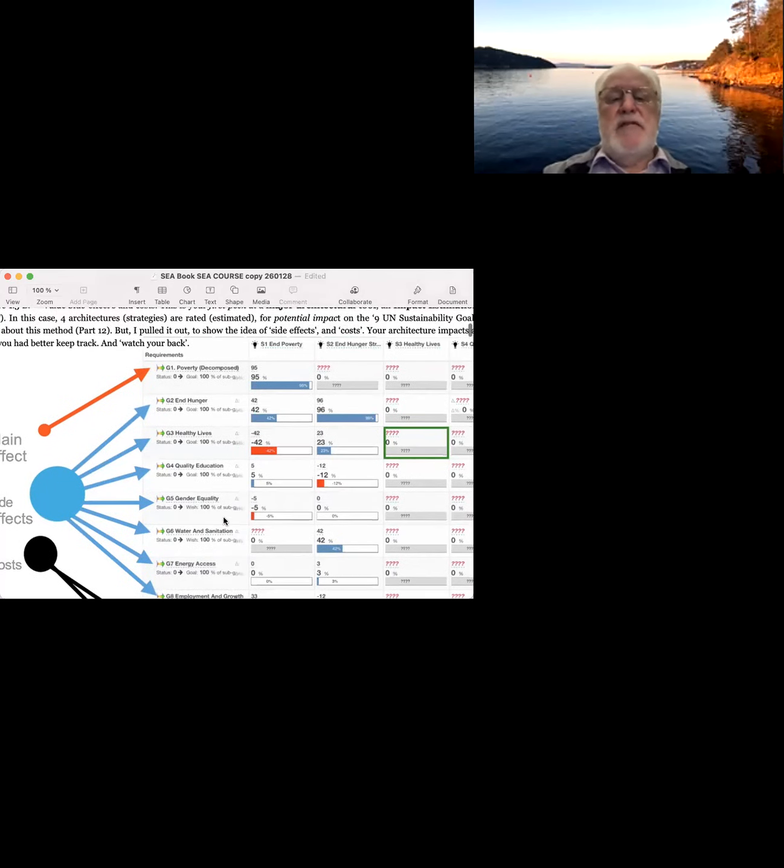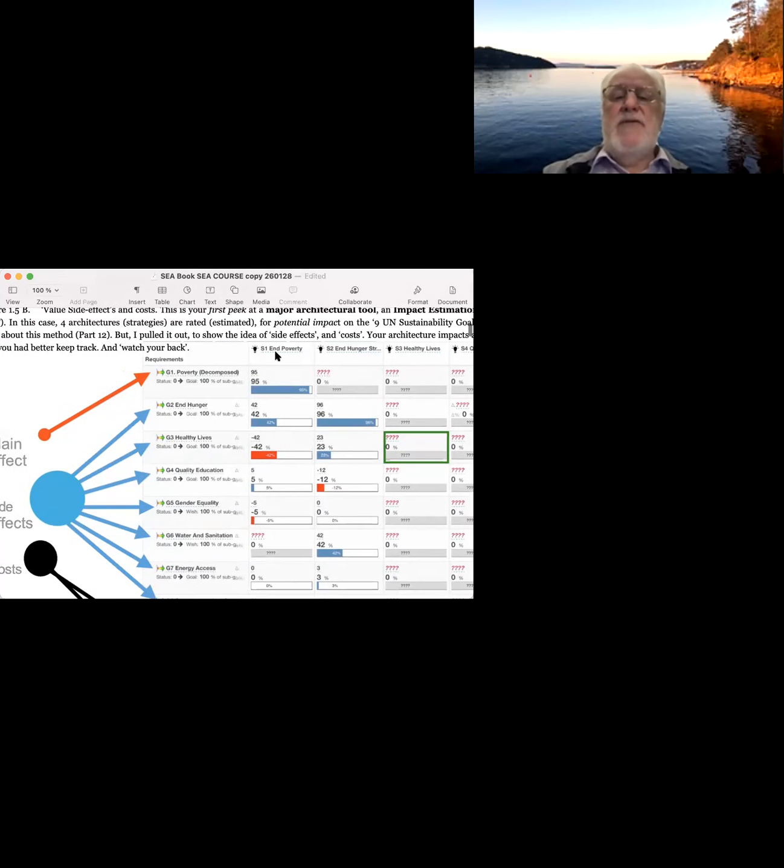And my major message here was that any given architecture or sub-architecture idea needs to be evaluated not only on how good it is for its major purpose, but what happens when we implement it to the other critical goals. Oh, nice effect here. Oh dear, very bad side effect.